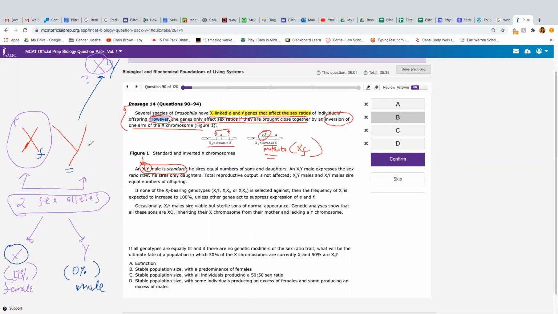Because remember, again, the father had a 50% chance of passing on either one of those alleles to his offspring, but he had a 100% chance of passing that allele on to his male offspring because they are XY. And the Y, again, remember, comes from the dad.